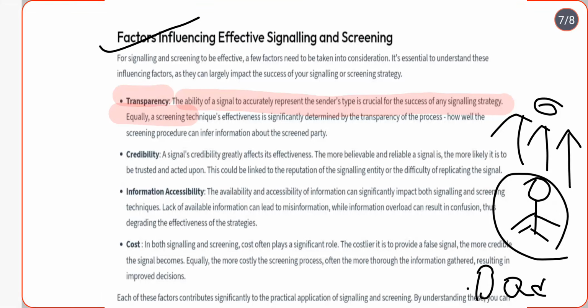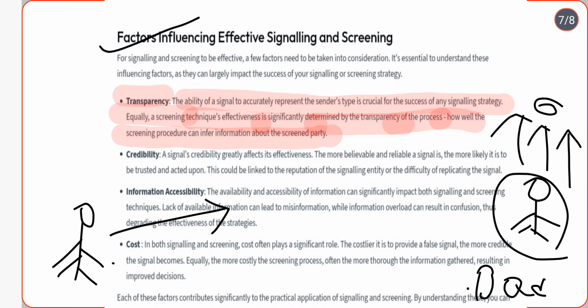Equally, a screening technique's effectiveness is significantly determined by the transparency of the process, how well the screening procedure can infer information about the screened party. Suppose the job interviewer is asking rubbish questions and doesn't know how to conduct the screening process, and hasn't picked the proper candidates.